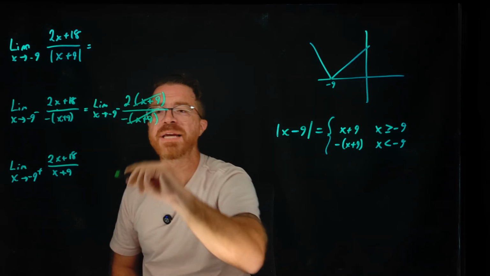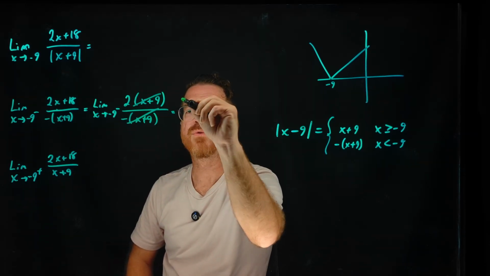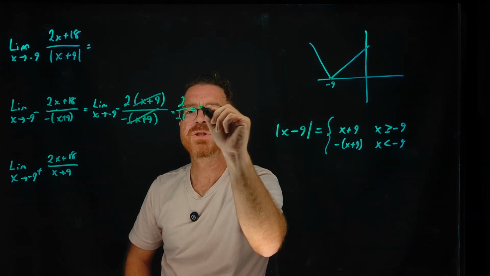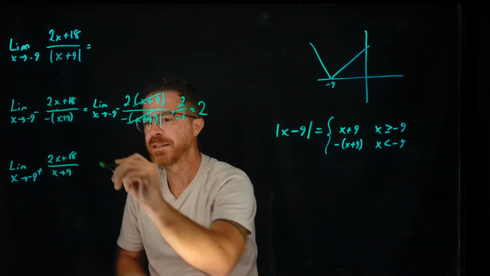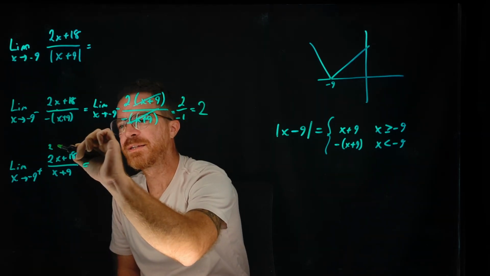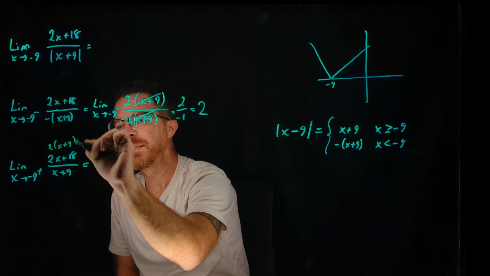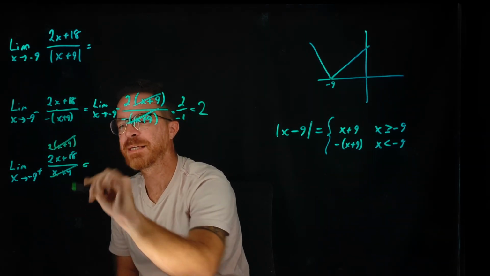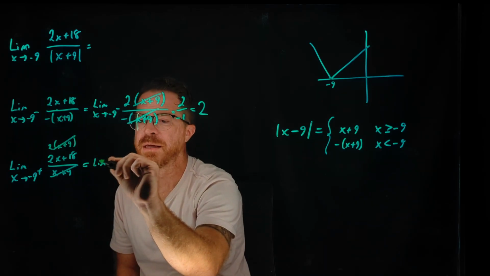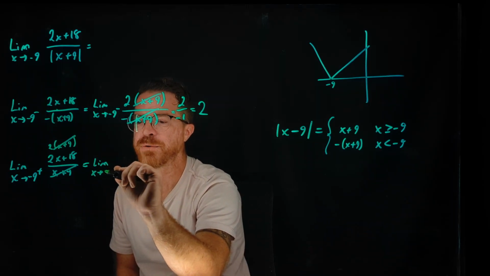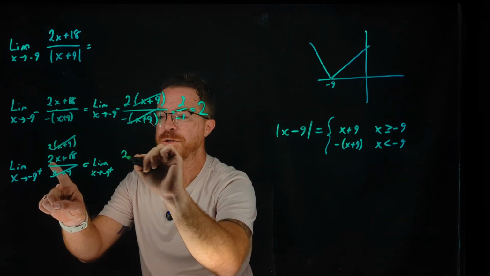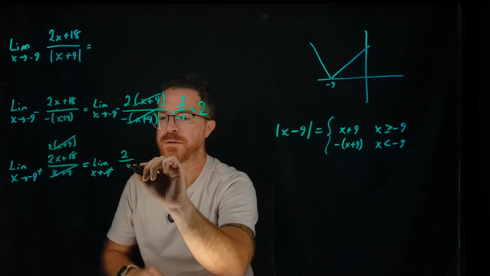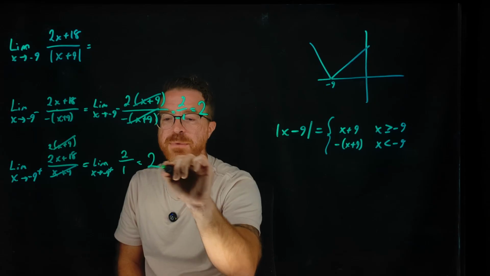These x plus 9s will cancel, and I'll be left with 2 over negative 1, which is equal to negative 2. I'm going to do the same thing over here, so this is 2 times x plus 9, and this x plus 9 is going to cancel the x plus 9 in the denominator. So this leaves me with the limit as x approaches negative 9 from the right being 2 over 1, which is equal to 2.